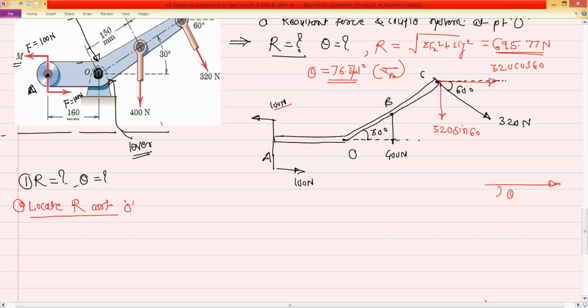Now the second step is we have to locate the R with respect to point O. That means we have to find the perpendicular distance from O. For that we can use Varignon's theorem. For Varignon's theorem, we have to draw the resultant system.